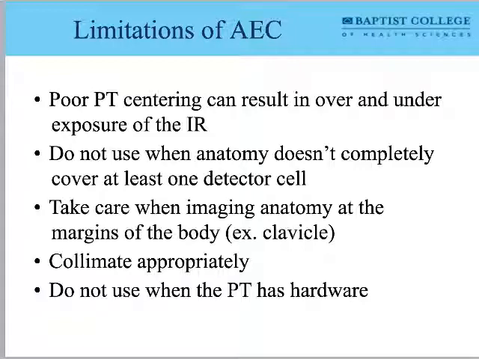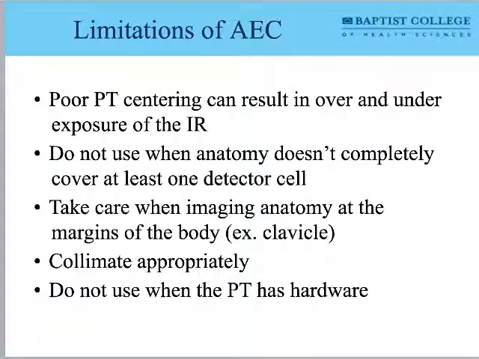We should not use AECs if the anatomy doesn't completely cover at least one detector cell, right? If it doesn't completely cover it. So an example like that would be like a finger or a hand. I don't need to use an AEC for this because I'm not completely covering the detector cell with my hand, right?